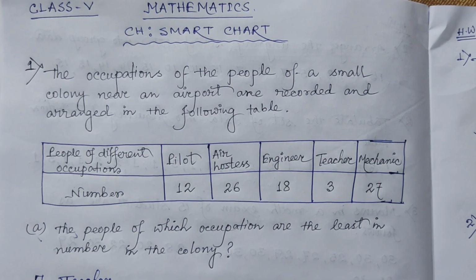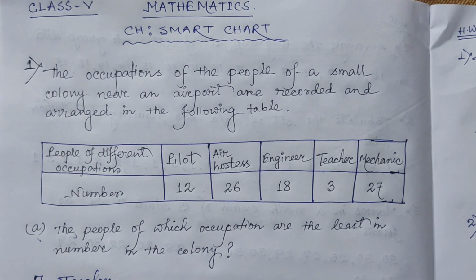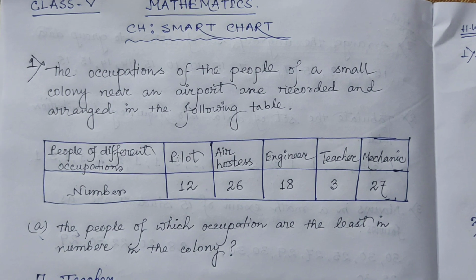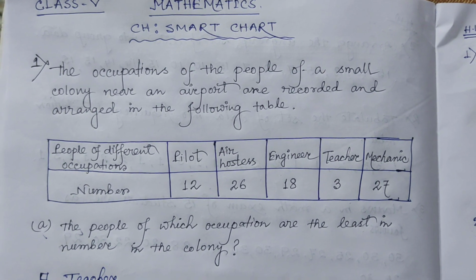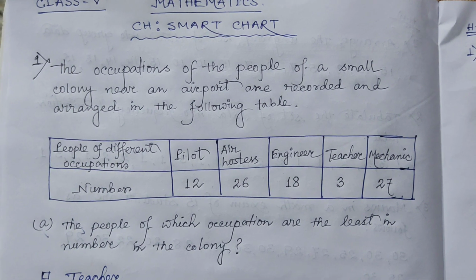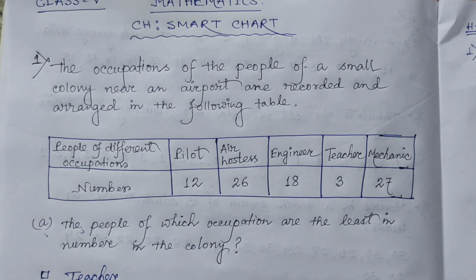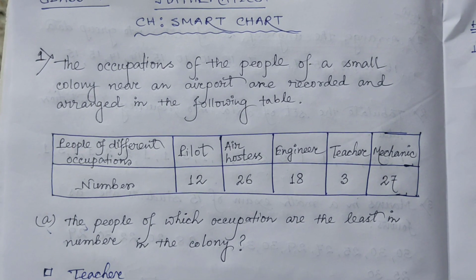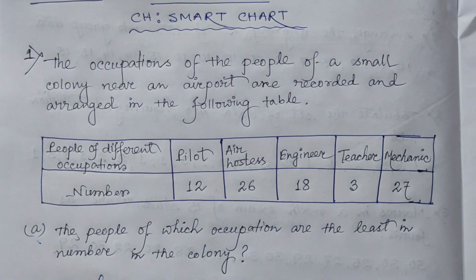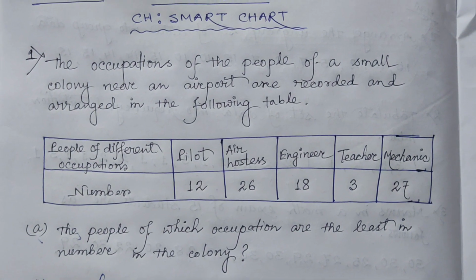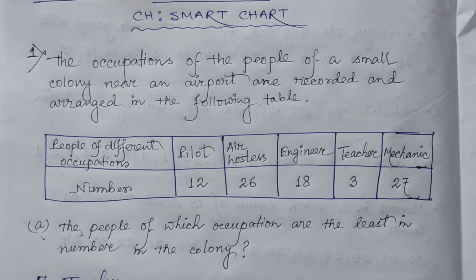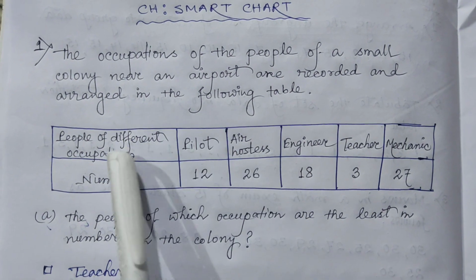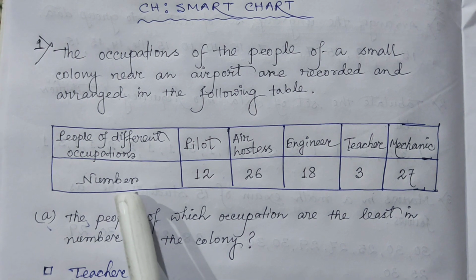So, come to the first problem. Here the problem is number 1. The occupations of the people of a small colony near an airport are recorded and arranged in the following table. So you can see here one table has been given. There are 2 rows and 6 columns. In the first row, people of different occupations, and second row, number.